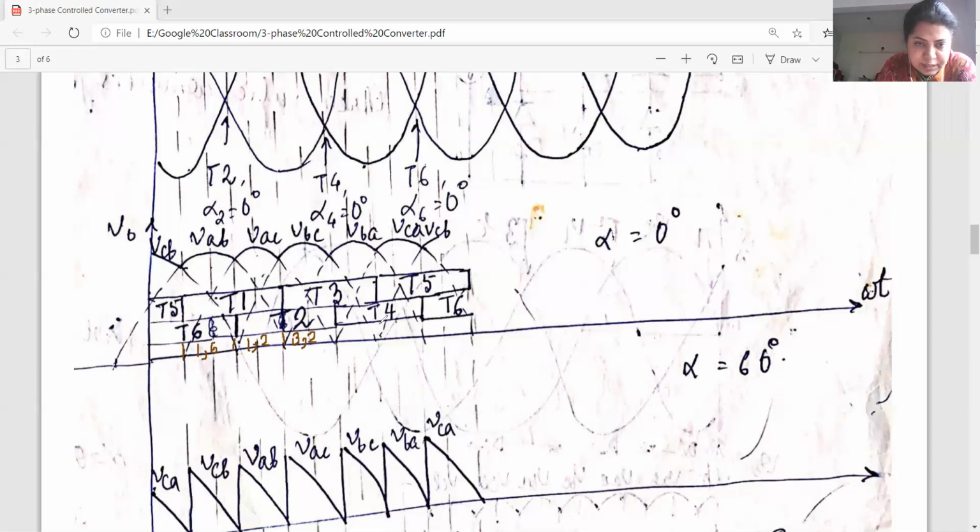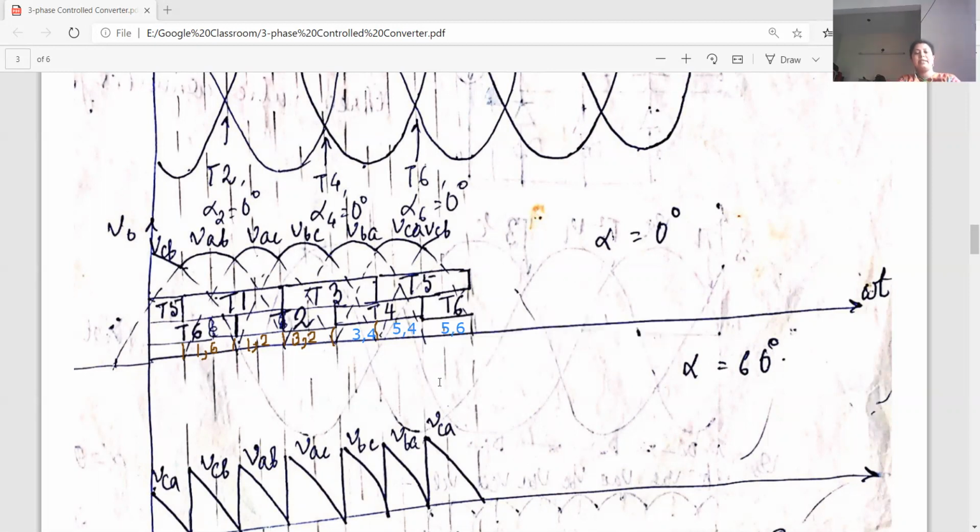Again 3 and 4 are conducting, then 5 and 4, and then 5 and 6.